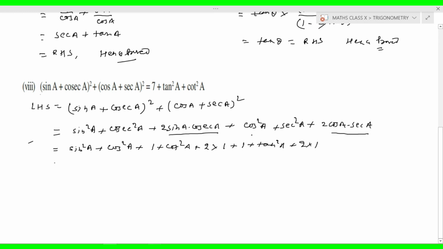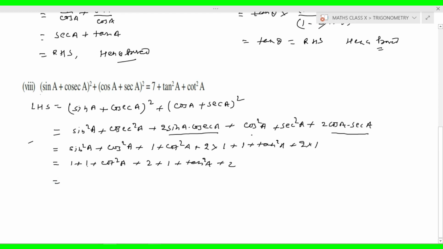So after this step we have sin square A plus cos square A is 1, plus 1 plus cot square A, plus 2 into 1 is 2, plus again 1 plus tan square A plus 2.